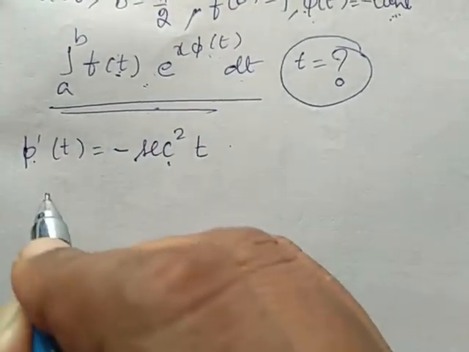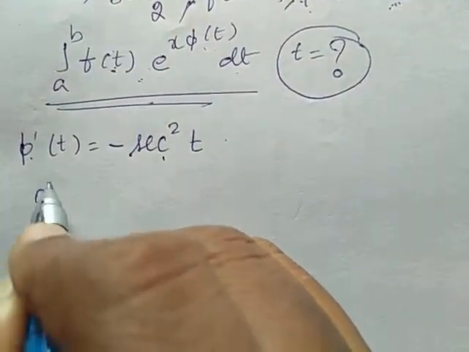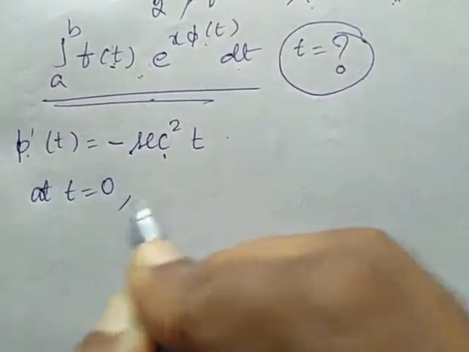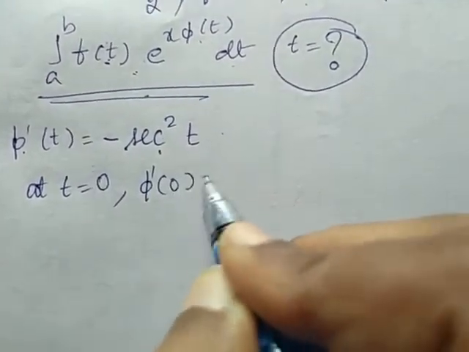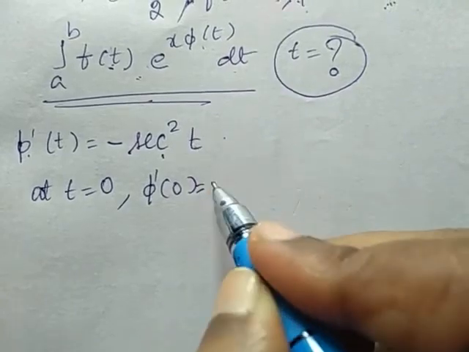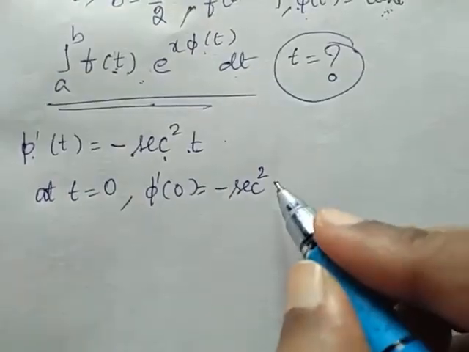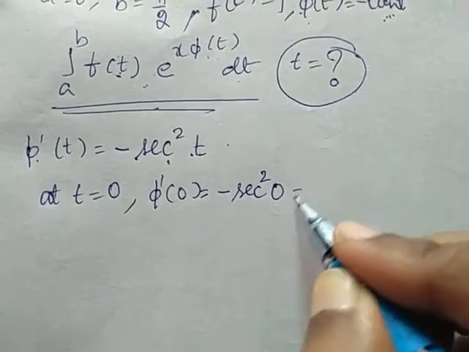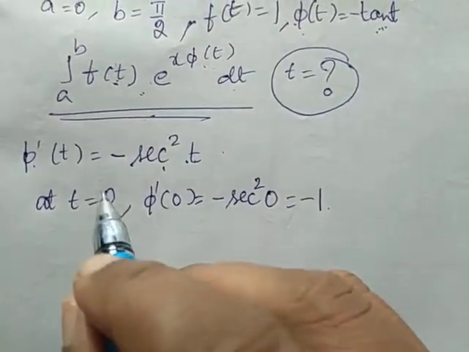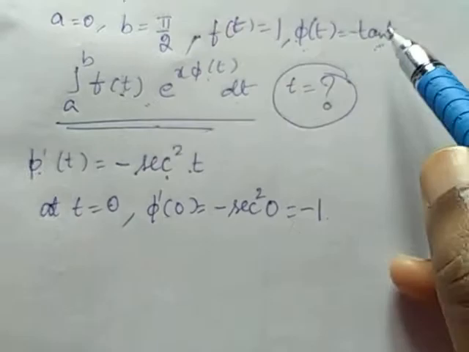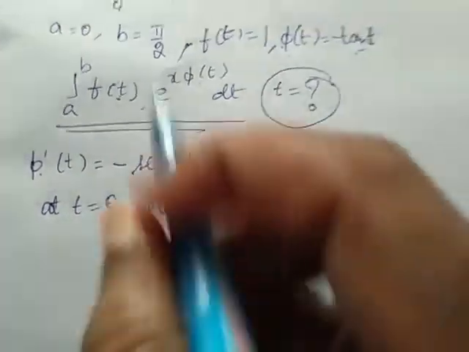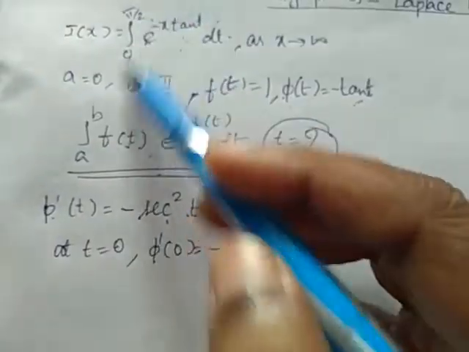Now at t is equal to 0, phi dash of 0 is minus secant square 0, which is minus 1. Why am I considering 0 here? See, here we have the interval 0 to pi by 2.